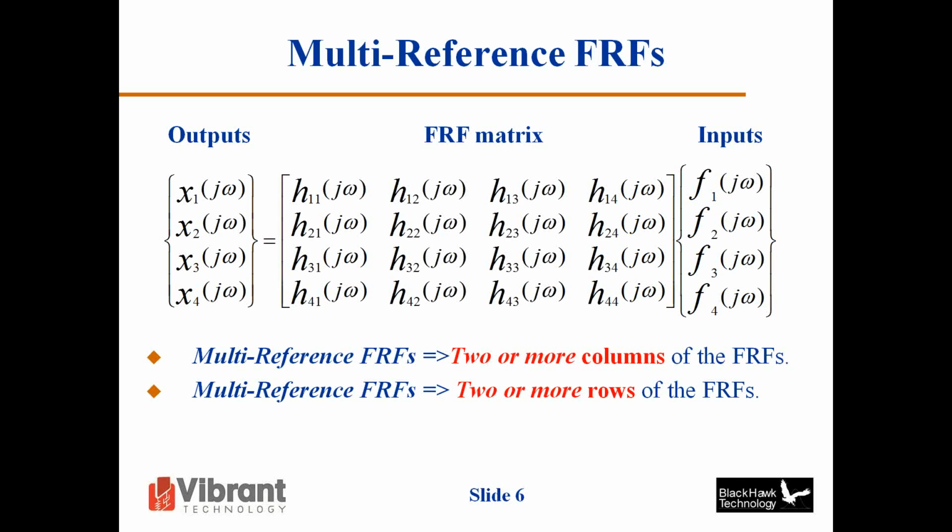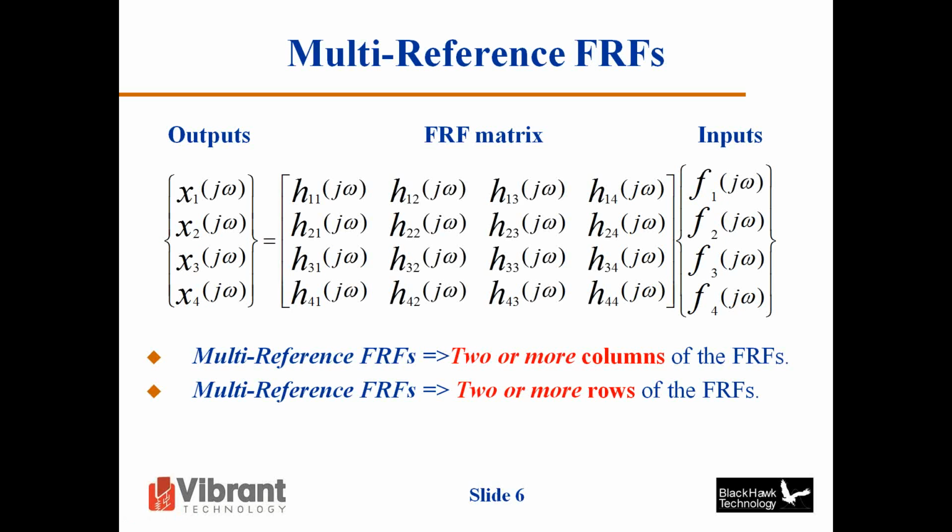These are called FRFs, a special case of a transfer function. These measurements we can measure with a Fourier analyzer and with our typical signal analyzer equipment. On the right-hand side over here, we've got the Fourier transform of the inputs, or the forces. On the left-hand side, we've got the Fourier transforms of the outputs, or the responses.